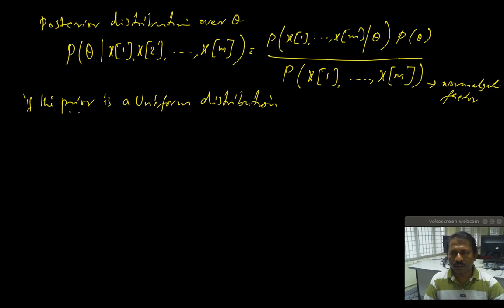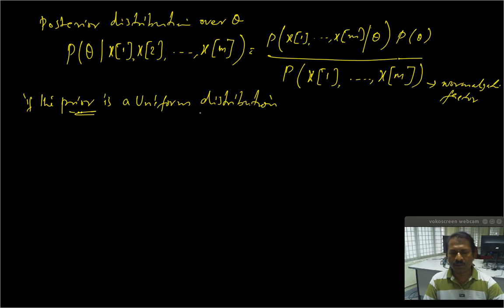see, there are many priors or probability density functions you can take as priors. One of the simplest assumptions is a uniform distribution. That means the probability of getting a tail or head, you are assuming that it's uniformly distributed, right?